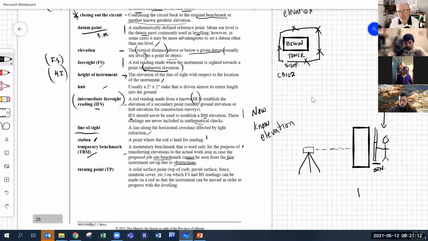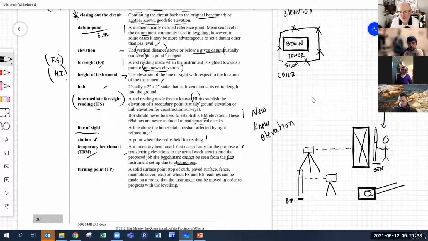So if you're digging a ditch over here and you have a pipe going on, and if you can't see it through this wall, you may have to get a temporary benchmark, and then you can set up your instrument. And so you can see your benchmark on the rod, and then you can see your elevation of your pipe, right? You may have to have a temporary benchmark.